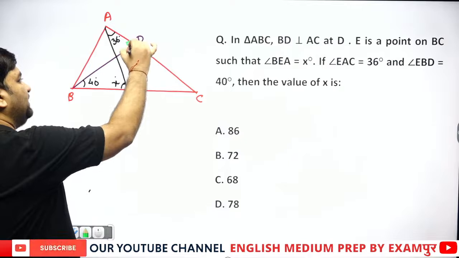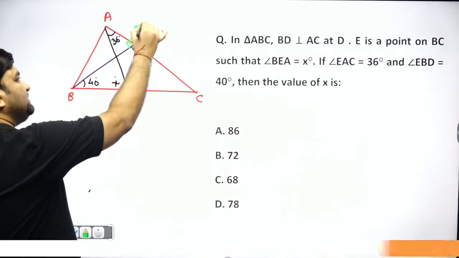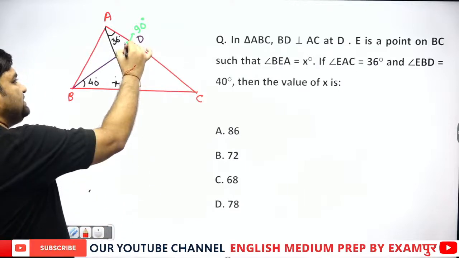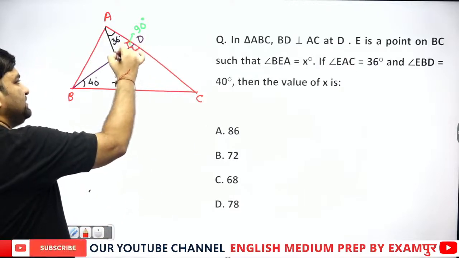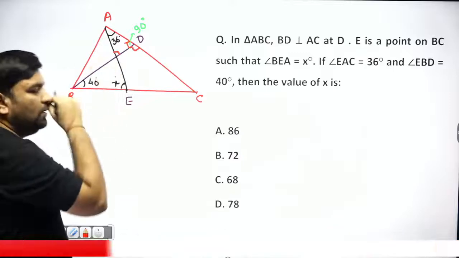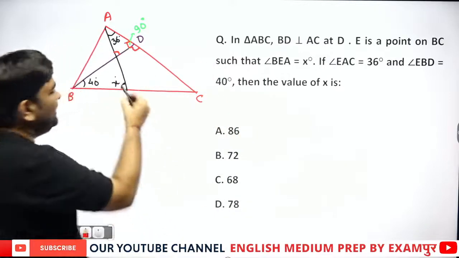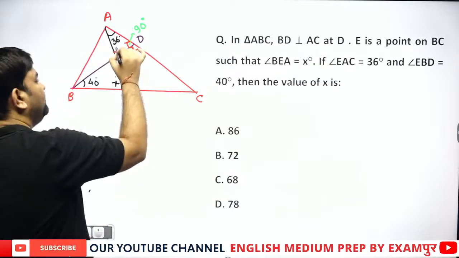Perpendicular means 90 degrees. If one is 90 and another is 36, what is the remaining to make it again 90? So I think 54.